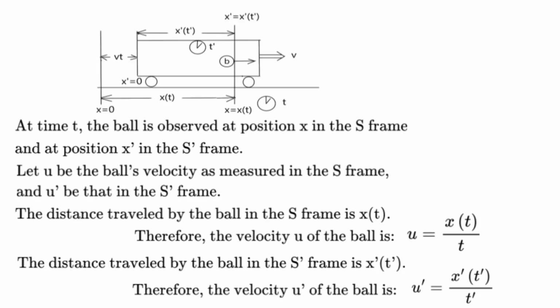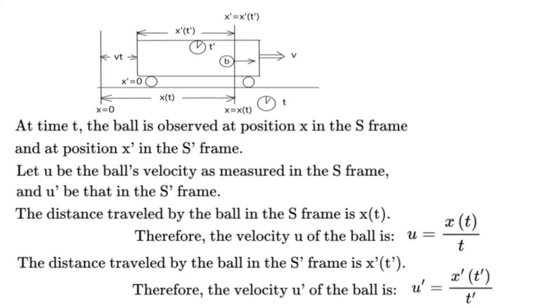At time t, the ball is observed at position x in the S frame and at position x prime in the S prime frame. Let u be the ball's velocity as measured in the S frame, and u prime be that in the S prime frame. The distance traveled by the ball in the S frame is x, over time t.